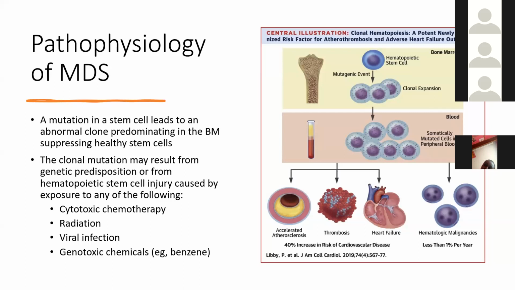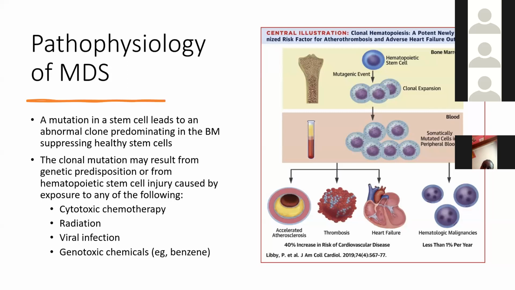And this mutation may result from genetic predisposition. That means that there are some individuals who, through their genes, are predisposed to developing myelodysplastic syndrome. And you may find such individuals have a family member who has cancer, another family member had breast cancer, had prostatic cancer, had blood cell cancer, and this other one now has myelodysplasia. So there are some people who have genetic predisposition.